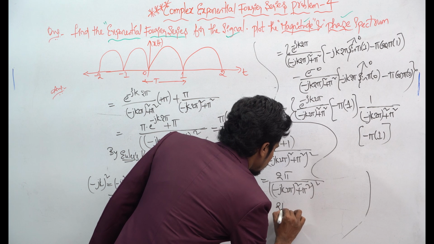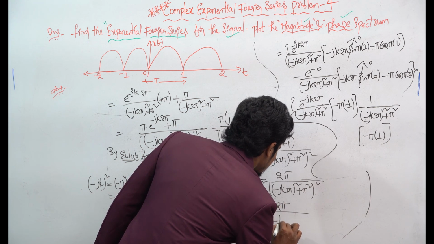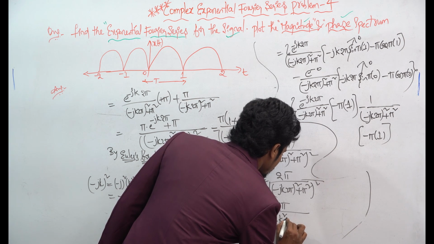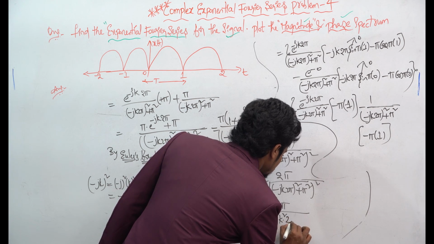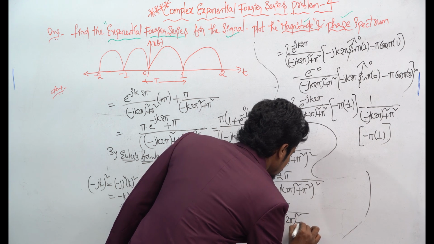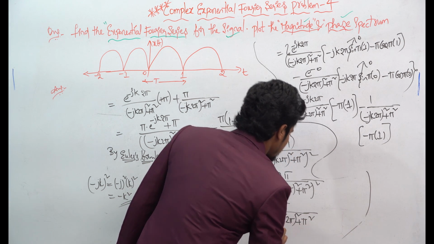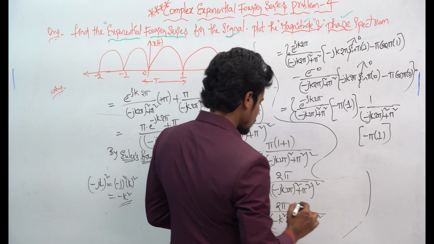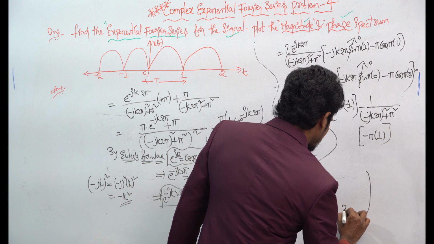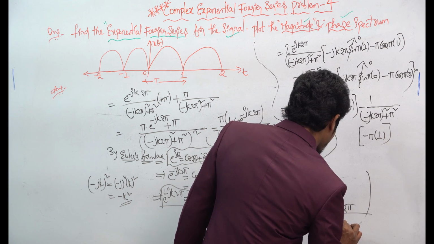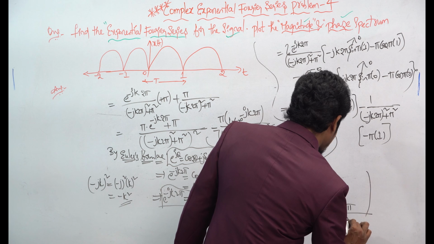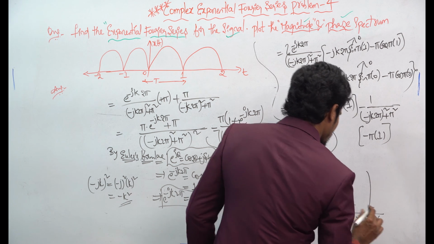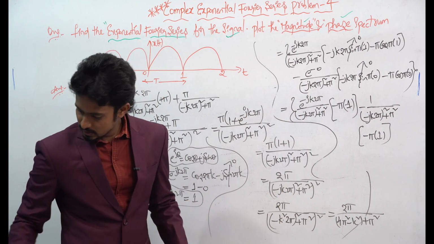So this will be equal to 2 pi divided by minus k square into (2 pi) whole square plus pi square. So this is equal to 2 pi divided by 4 pi square minus k square plus pi square. Okay, this was your answer.